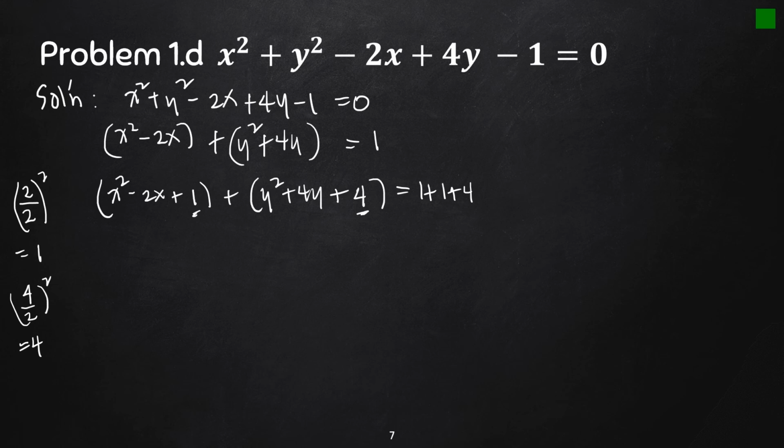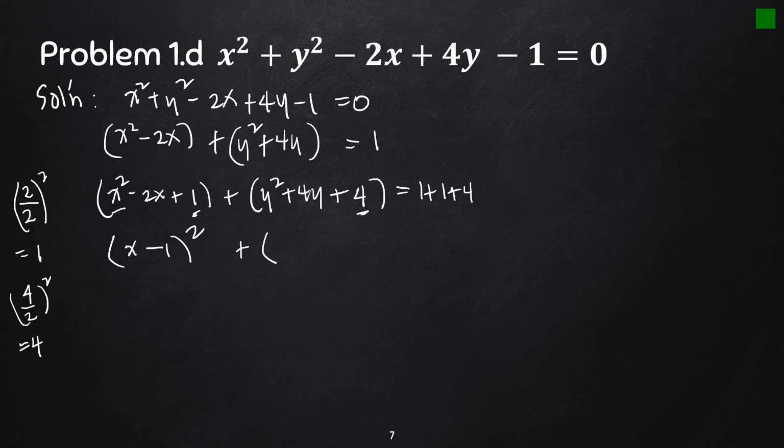The next thing we're going to do is transform this into a perfect square, a square of a binomial. To get the square of the binomial, get the square root of the first term and the square root of the second term. The square root of x² is x, the square root of 1 is just 1, and you square that. The sign in between depends on the sign of the middle term, that's minus.